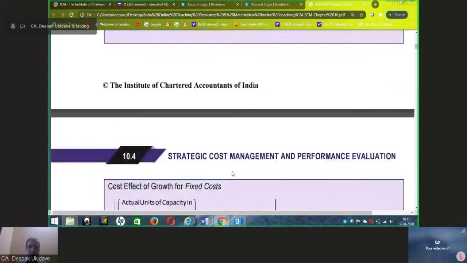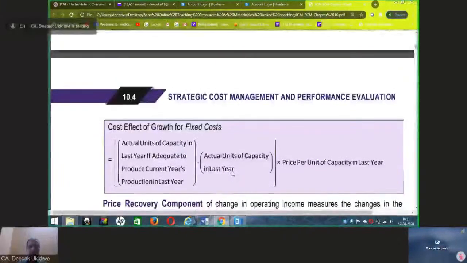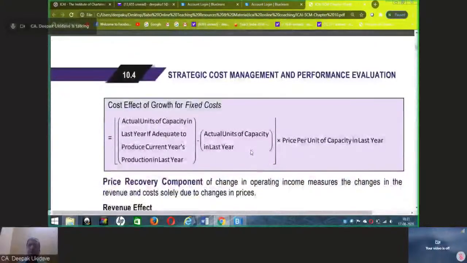Yes, cost effect of growth for fixed cost. For fixed cost, again we look at the capacity. All of you understand fixed cost gets spread across total volume. That means depending on the capacity utilized last year and current year, we have the fixed costs which get apportioned, which get divided. So actual units of capacity in the last year, if adequate to produce current year's production in the last year.